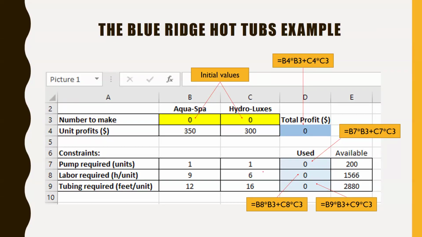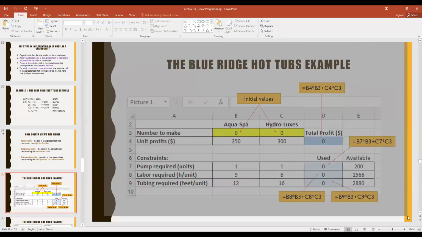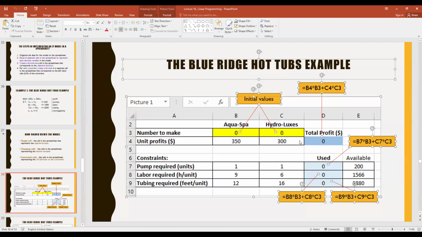Okay, I will show in Excel. This is the number of the product that we would like to produce.